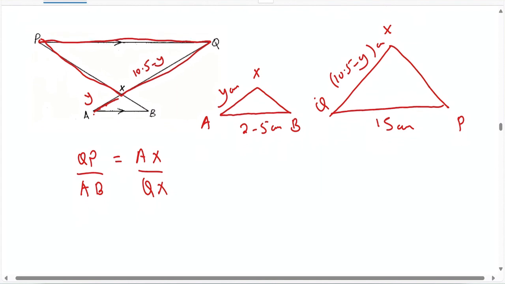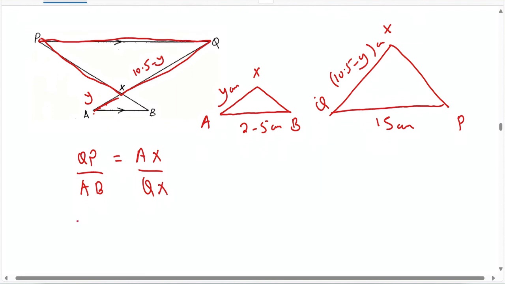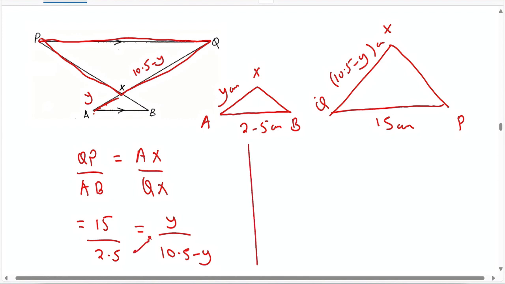So QP yetu ni 15 divided by 2.5 is equal to AX yetu ni Y divided by 10.5 minus Y. So umeona swali rahisi sana. So cross multiply sasa, hii multiply na hii na hii multiply na hii. So 2.5 times Y ni 2.5Y is equivalent to 15 times hiyo 10.5 minus Y.